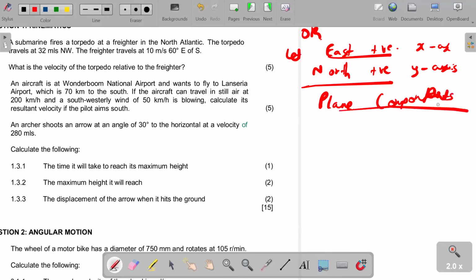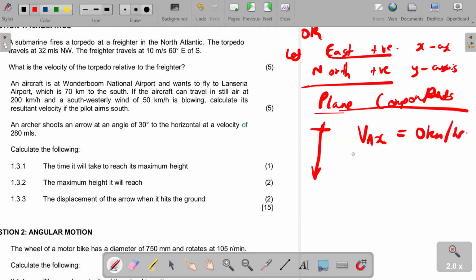Bearing in mind that the plane is going due south, the plane has gone due south. We have understood that. So let us start with the horizontal, VAX. The horizontal component of the plane is obviously going to be given by 0 kilometers per hour, right?